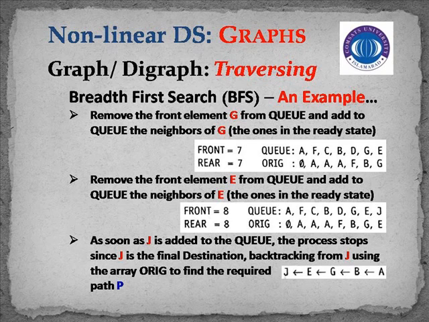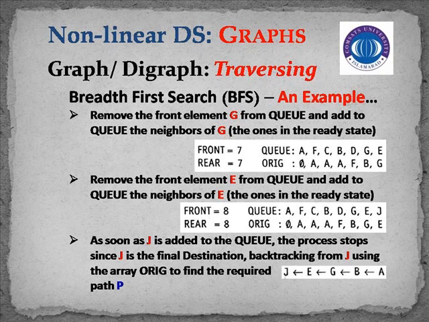Dear students, after that, the removal of the front element G from the queue is accomplished such that only those neighbors of G that are in the ready state are added to the queue. Finally, the front element E is removed from the queue and the neighbors of E that are in the ready state are added to the queue.